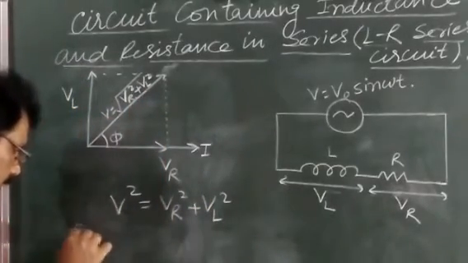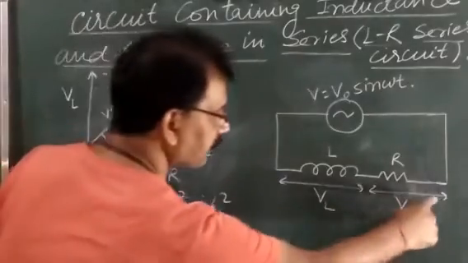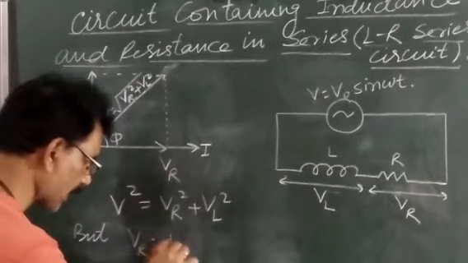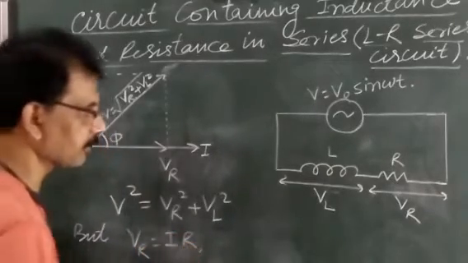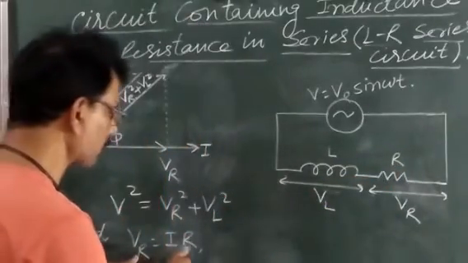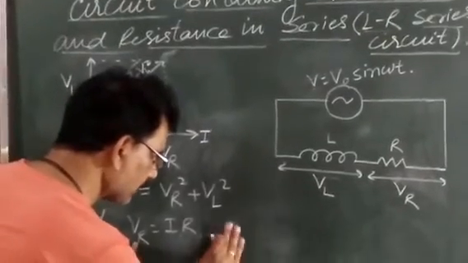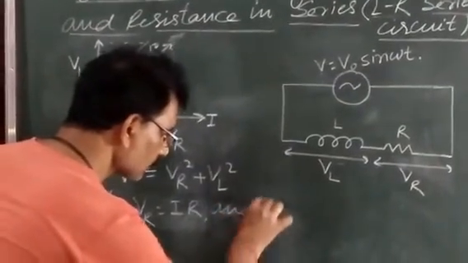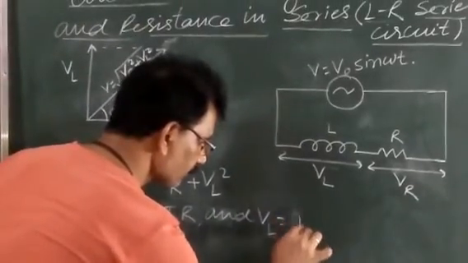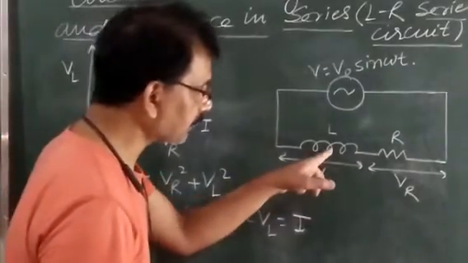But remember this, VR is the potential difference across the resistor, and VR is equal to IR, because the current is I and the resistance is R. Similarly, VL is equal to I times the factor which opposes the current in the inductor.